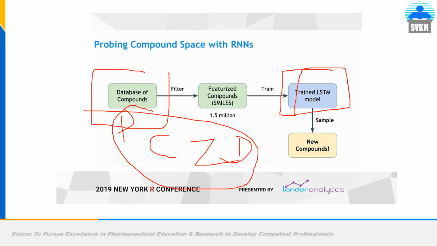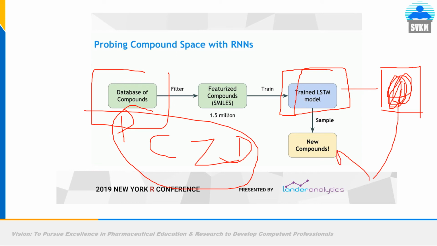Then you will generate a latent space, in which a set of similar molecules will be put together, and when you pick a random sample from the latent space, you will get a new compound, probably similar or somewhat identical to the training sample data set.